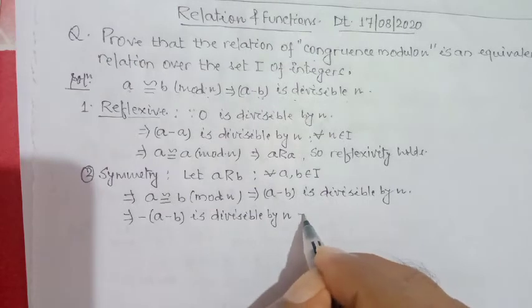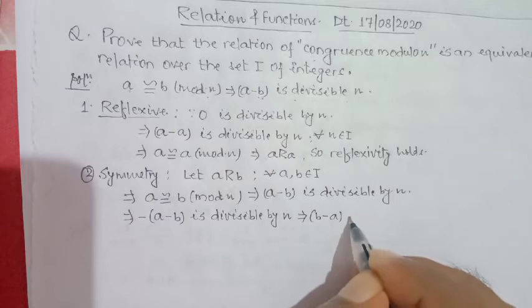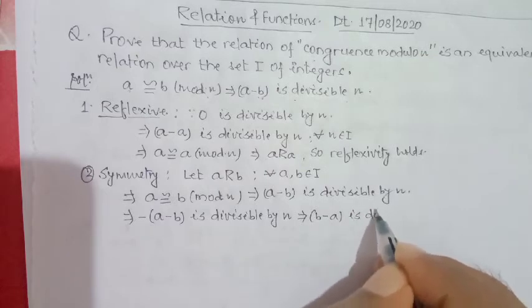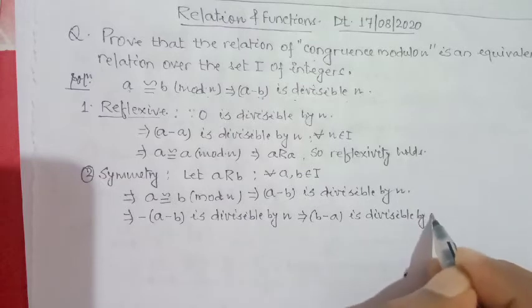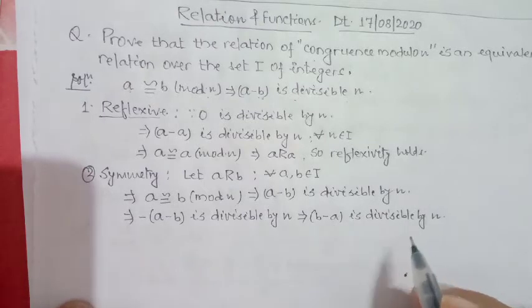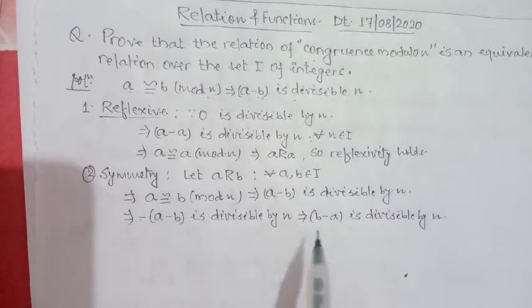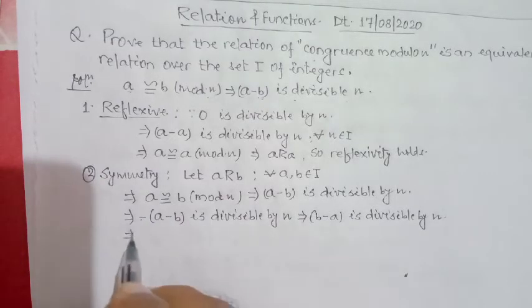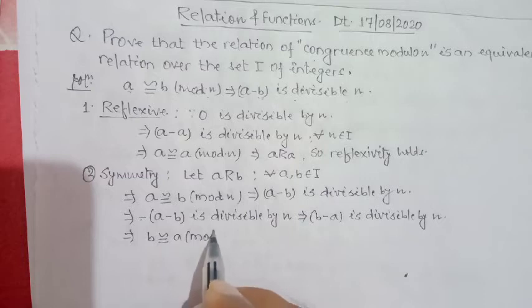Minus of a minus b means b minus a is divisible by n. b minus a is the value of minus a plus b. b minus a is divisible by n means b congruence a mod n according to the given relation.